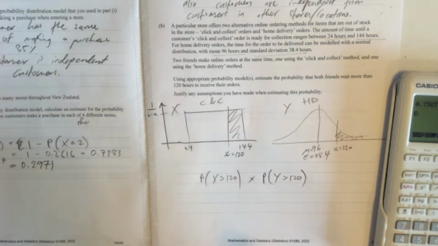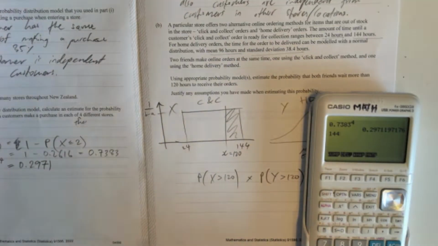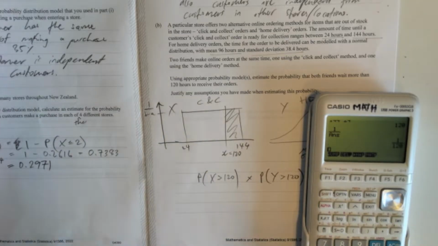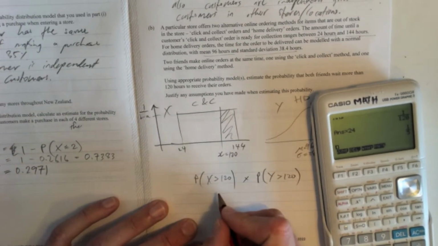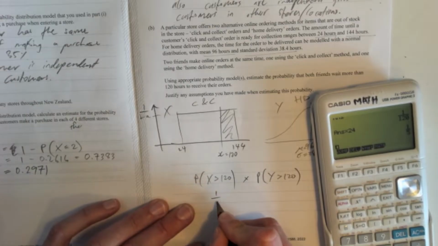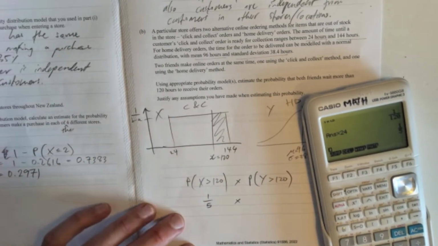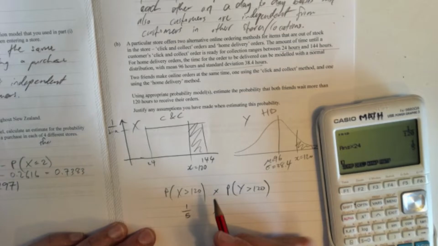So we want to find b minus a, 144 minus 24, and we go 1 over that. That's the height. And then the base is 24. I wonder if I'll get away with being that lazy. I don't think I'll lose marks. I'm not going to show you my working out. You guys saw it, doesn't matter.